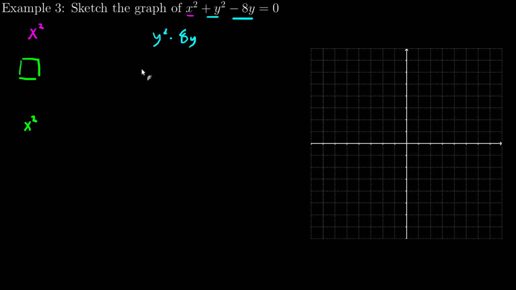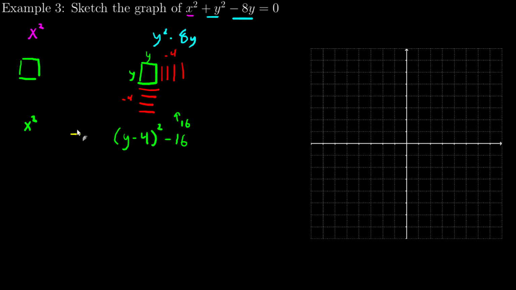For the y squared, I have a positive y squared but negative 8y's, which means 4 on each side. I am missing 16 units in this corner, so I would have y and a negative 4 each side, so y minus 4 squared, then missing the 16, minus 16, and I'll bring down everything else.